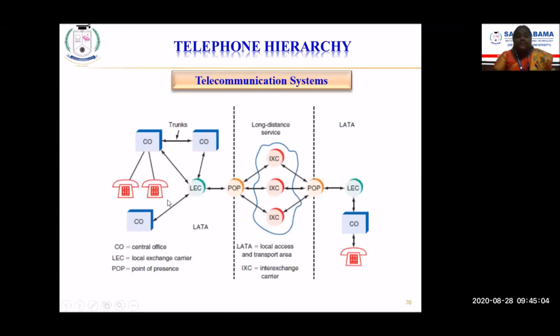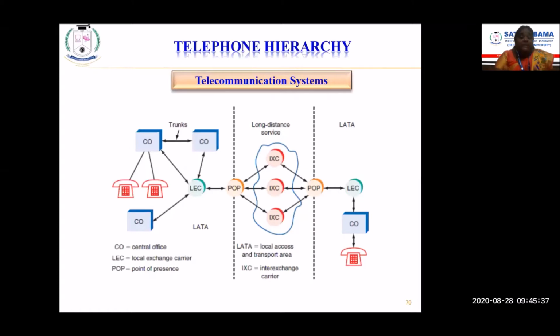So this is the service provided by the telephone exchange company, and the hierarchy goes like this. From the lower level, the subscriber's telephone instrument gets registered to the particular central office. This telephone instrument will have the last 4 digits identification, prefixed by the central office. The central office will have a 3-digit identification number, and from there the POP will have another 1-digit identification, and the remaining 2 digits will be your international identification POP services.